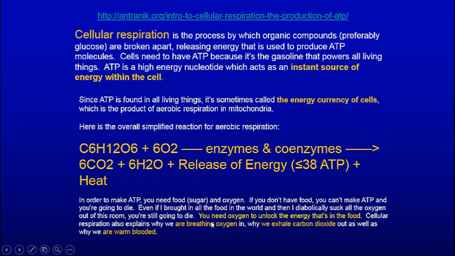It requires oxygen to unlock the energy in foodstuff, the energy from the sun that went to the plant and is being transferred to you through the food that we eat. You have to have both the food source and oxygen. It's why we are oxygen-demanding animals.